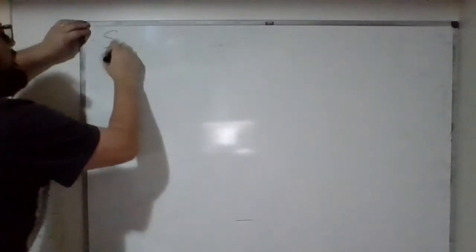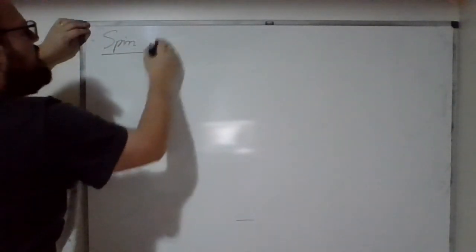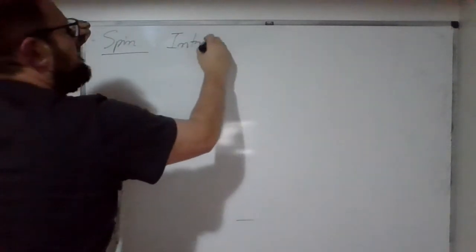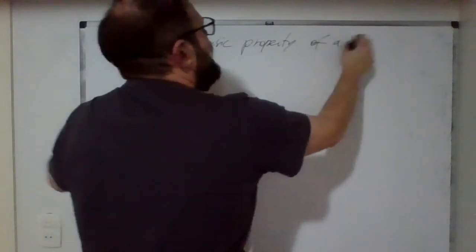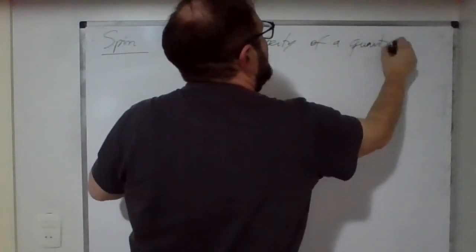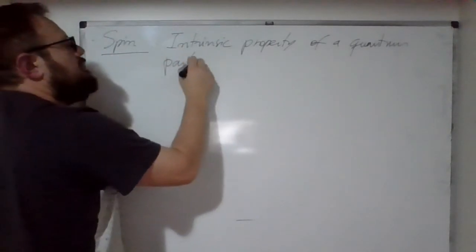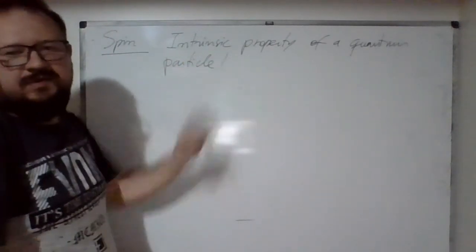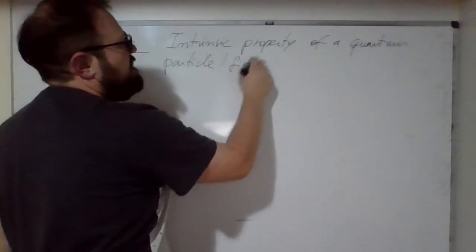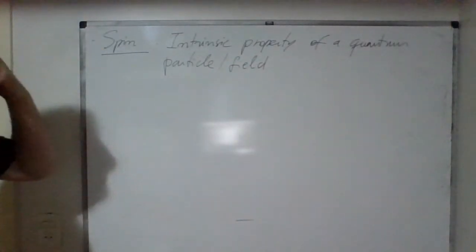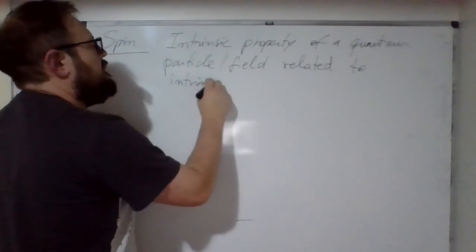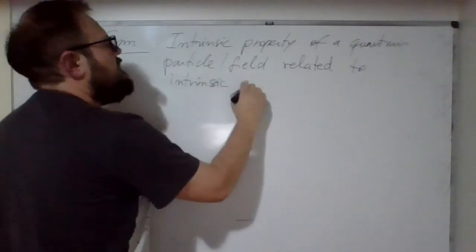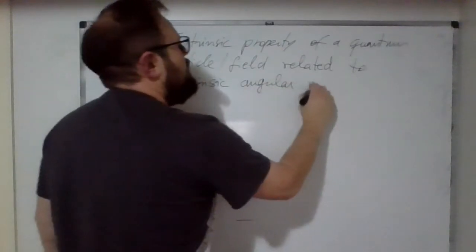So spin, in the context of quantum mechanics, is an intrinsic property of a quantum particle, but because particles are represented by fields in quantum mechanics, I can call it an intrinsic property of a quantum field, related to intrinsic angular momentum.